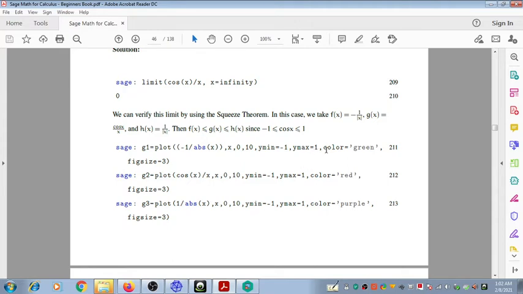We can use the color green to draw the corresponding curve, and we use size 3. Okay, first let's do that in the system.